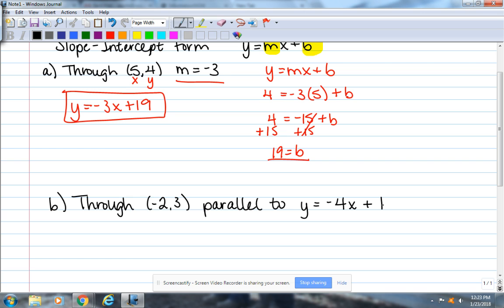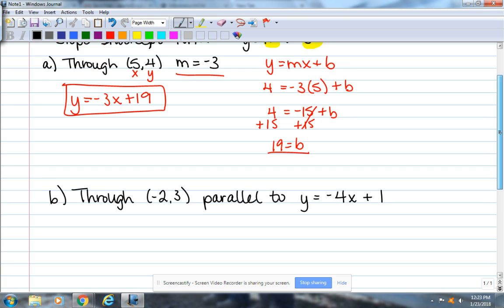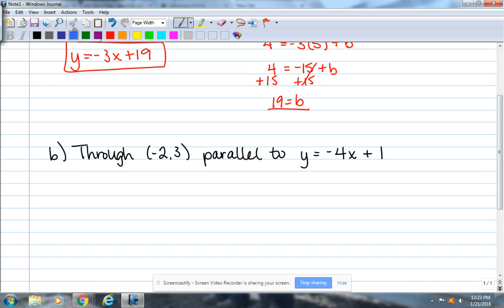Now, if you recall from previous lessons, we learned that parallel lines have the same slope. So if we look at this equation of the line they gave us for this second line, we notice that it is already in slope-intercept form. So we should be able to look at it and point out that this number is the slope. So their slope is -4. So if our new line is going to be parallel to their line, then our slope will also be -4, because parallel lines have the same slope.